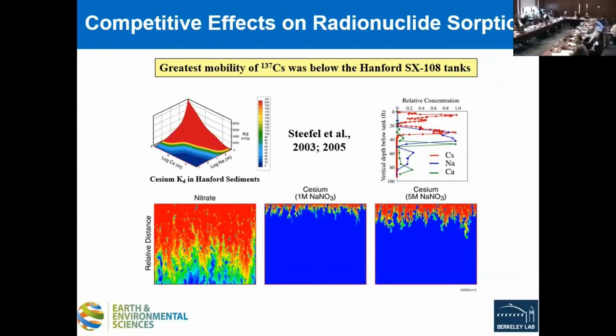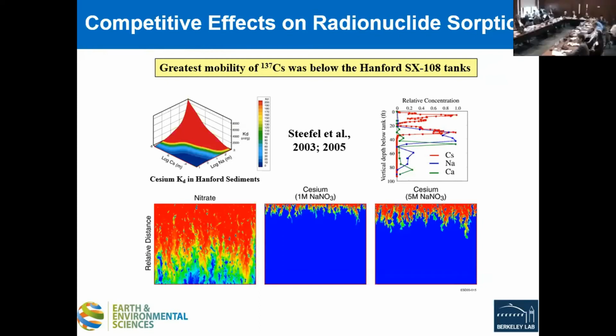So when you run the model based on the experiments, you develop a cation exchange model. You see, okay, nitrate being non-reactive moves down almost all the way through the system. Cesium at 1 molar moves, say, the scale is not really shown here, but a short distance. But you increase it to 5 molar sodium nitrate, and the cesium starts to move much farther through the system.